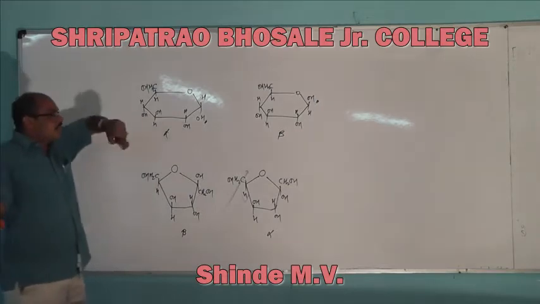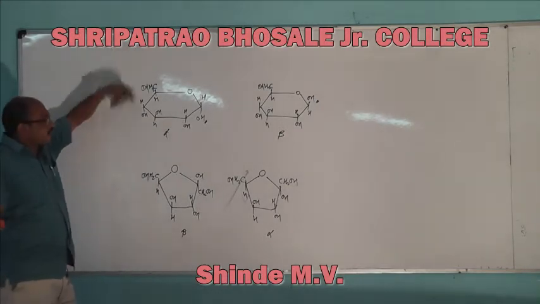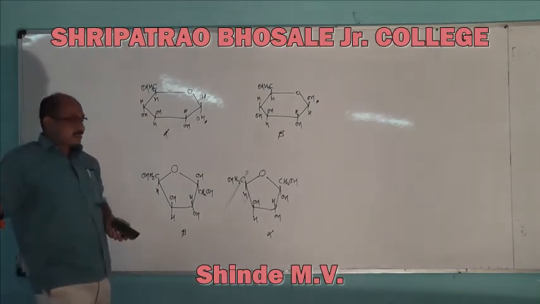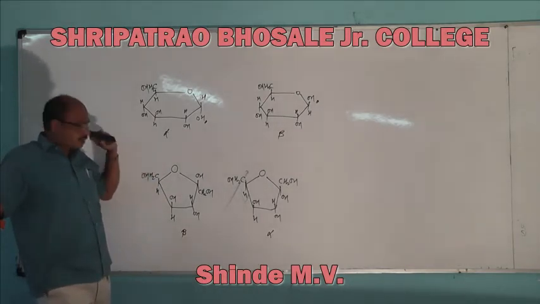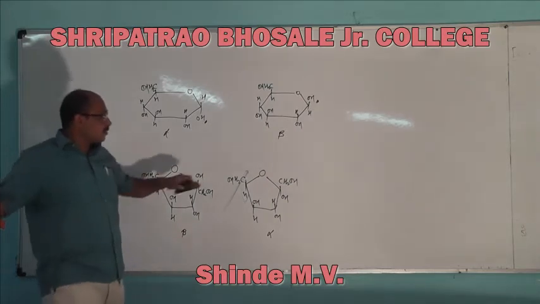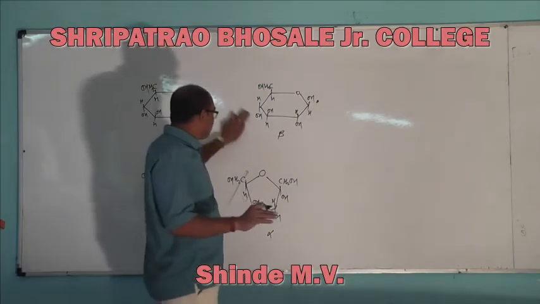These are the structures we studied in the last lecture. These are the monosaccharide units studied by us. Now, in today's lecture we are going to study the disaccharide units.